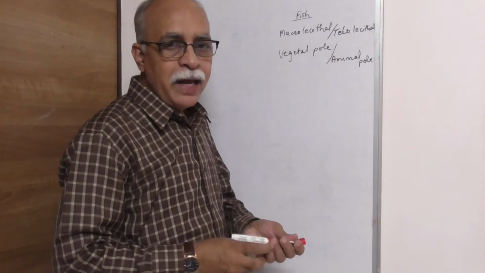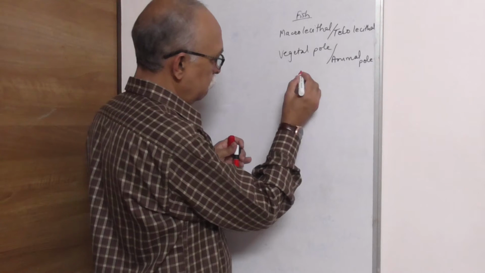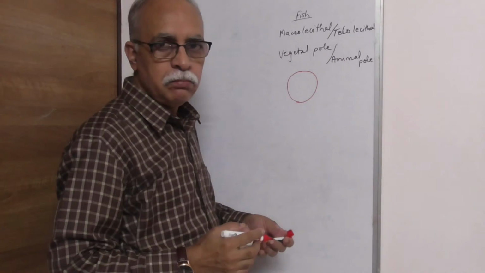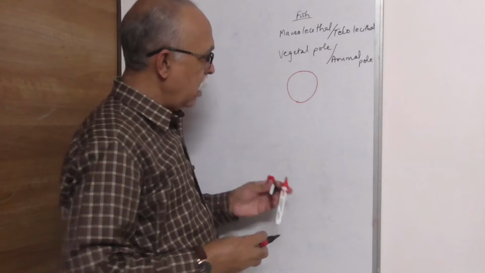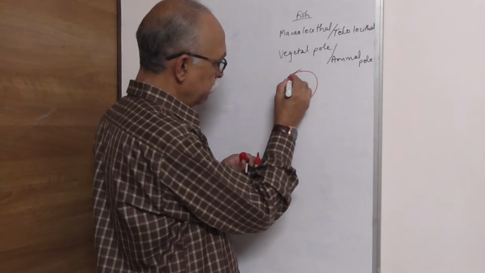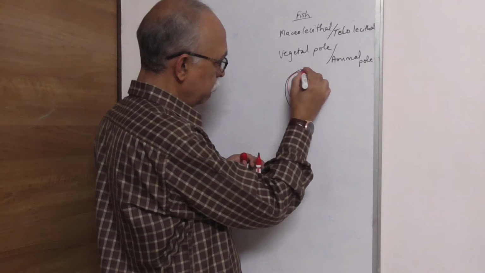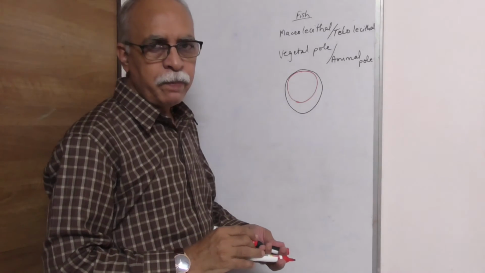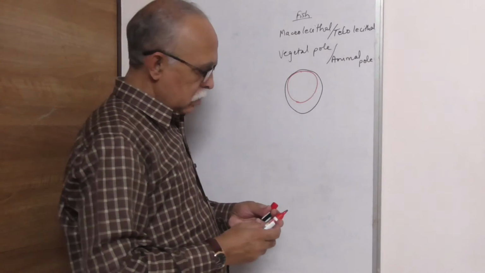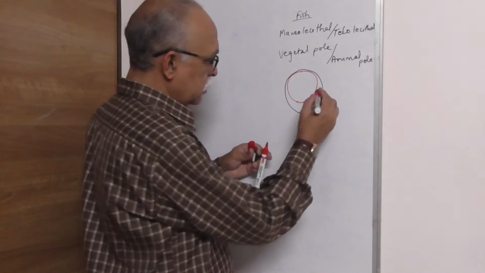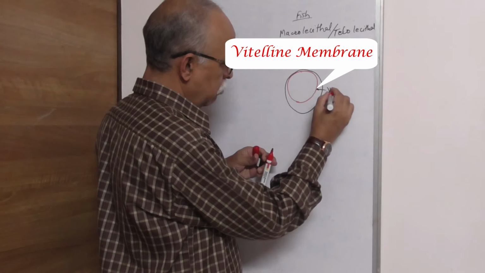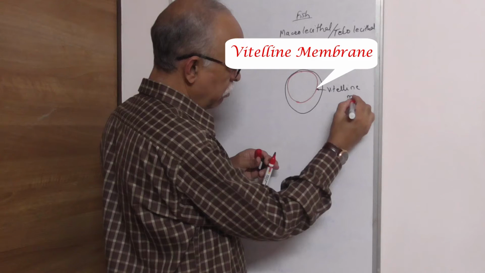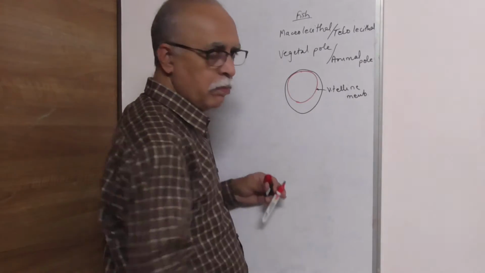Now, what does the egg look like? This is all yolk. Around it is a covering. Around the yolk is the white line membrane.